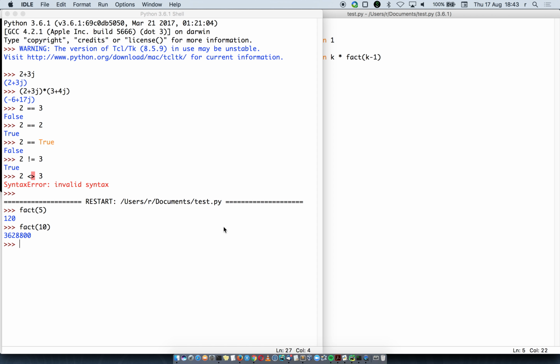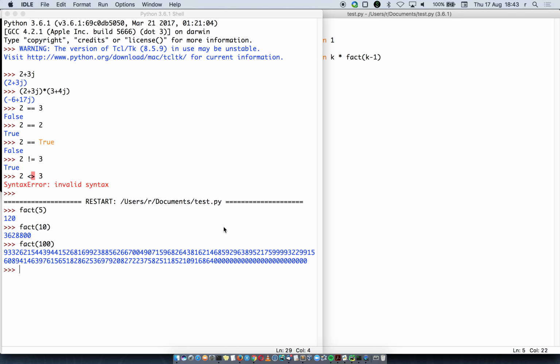And there's yet a type of data that we haven't talked about, and we're going to see it now. If I say factorial of 100, you see this very large number. Does that surprise you? It should surprise you.